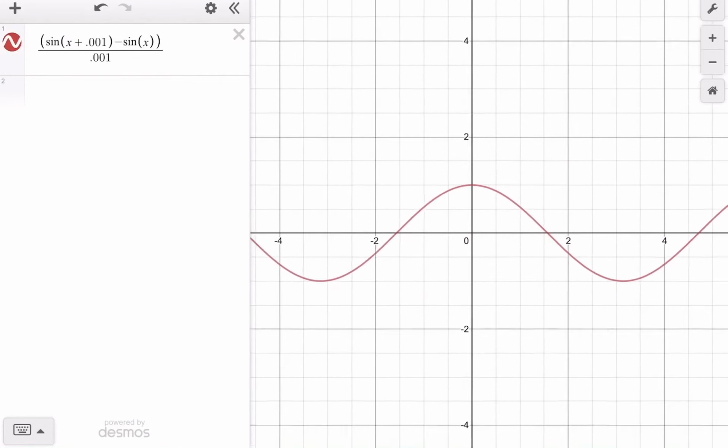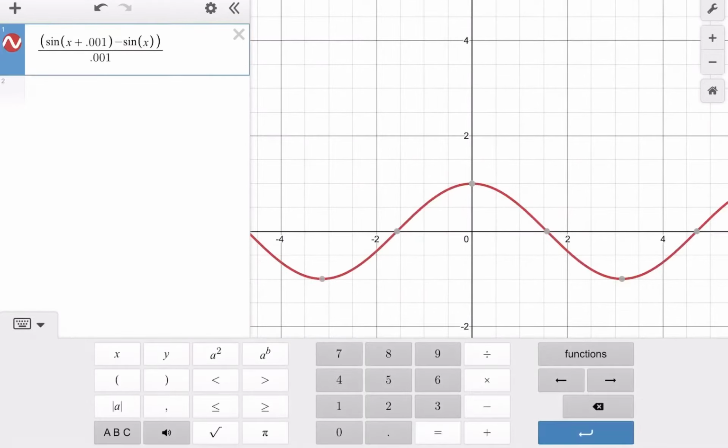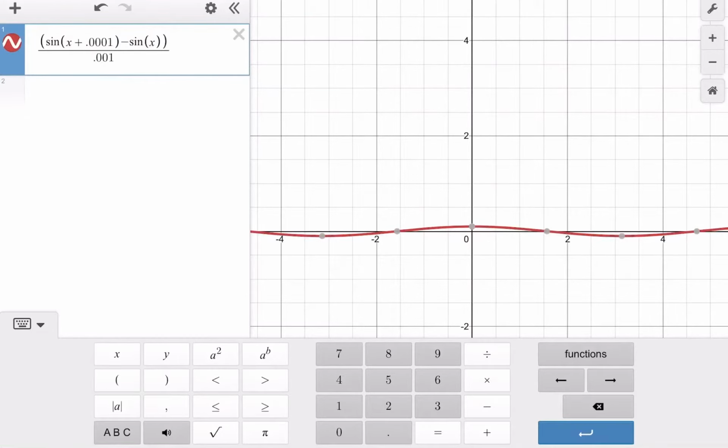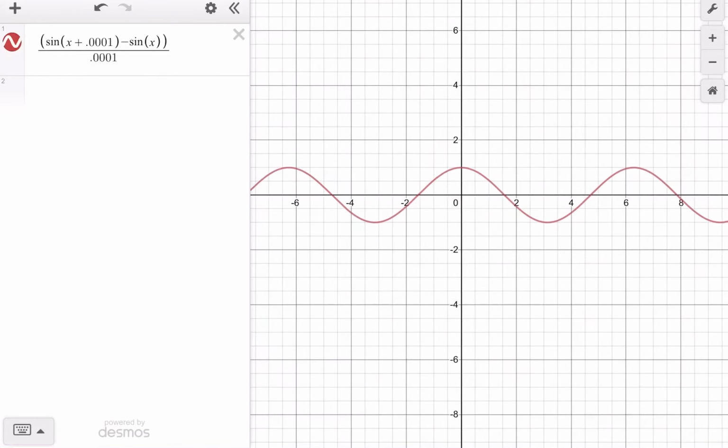It's not exact, because this value is not equal to cosine. But if I were to take these numbers smaller and smaller, let me add in an extra 0, it will converge to cosine. It will look more and more like cosine. Okay, so I just wanted to show you that as an alternate.